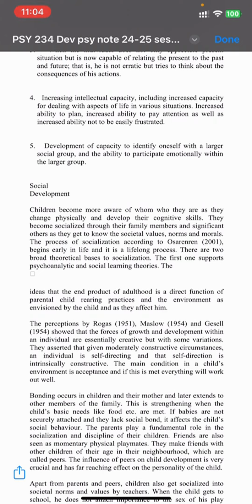I just copied him." And the second one said, "My dad was also a drunkard and I said, I wasn't going to do that." So basically what I'm trying to say is the same situations or the same rearing practices can yield two different results. So that's why they said envisioned by the child. How you see it can be different from how another person sees it.